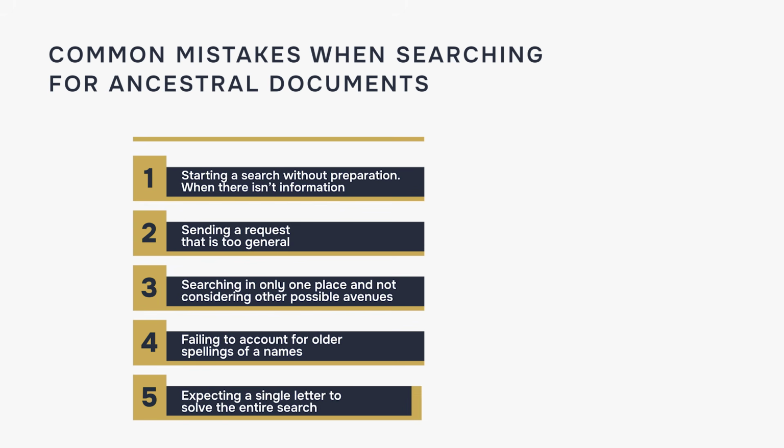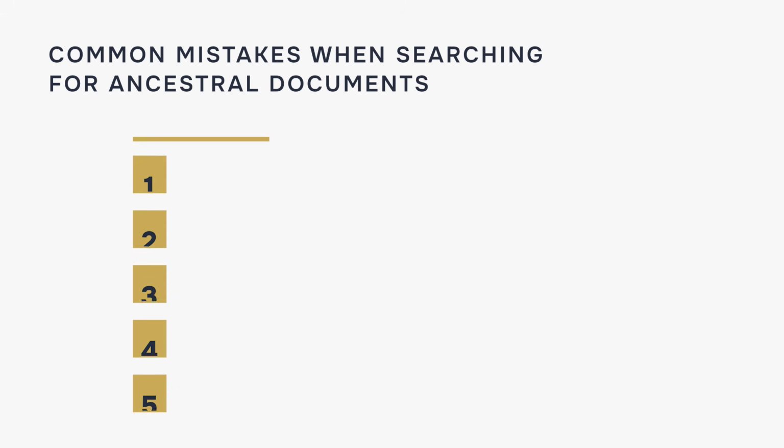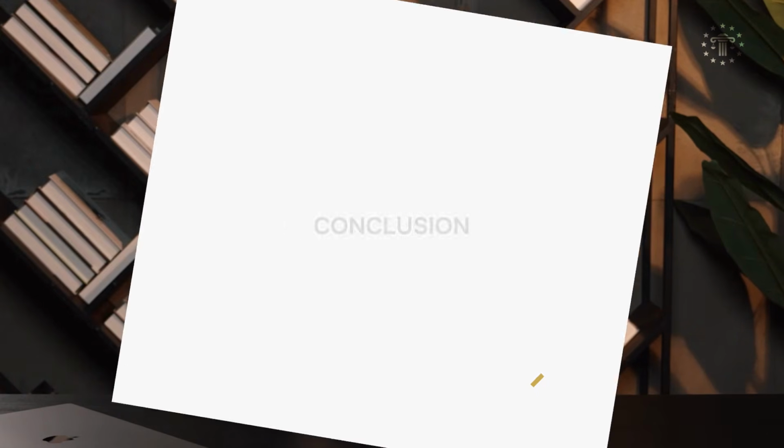The fifth mistake is expecting a single letter to solve the entire search. In practice, working with ancestral documents almost always requires consistency, attention to detail, and an understanding of the record-keeping system. The calmer and more systematic you are in your search, the higher the likelihood of getting the result you need.